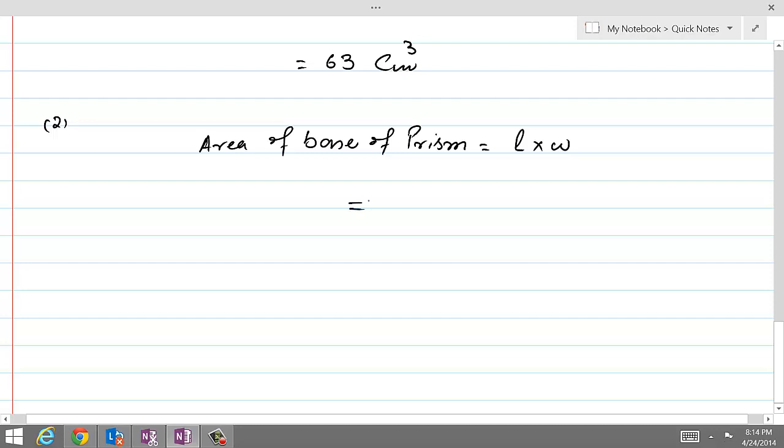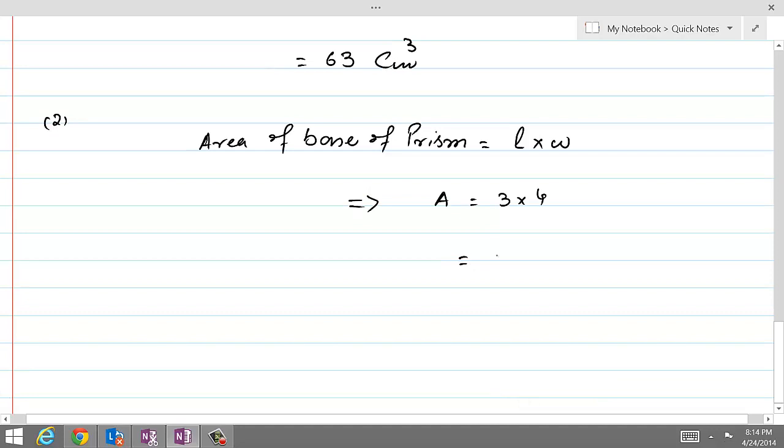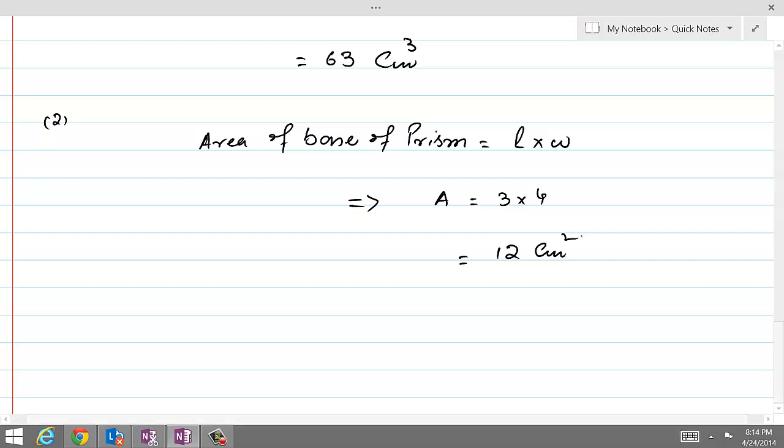This means if A represents the area of the base, then this would be 3 times 4, equal to 12 square centimeters. Remember, area is always in squared units of length, volume is in cubic units of length, and length is simply unit of length.